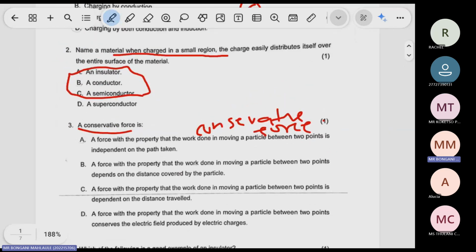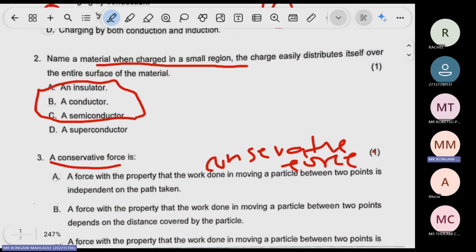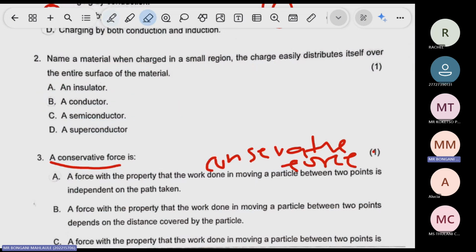What's a conservative force? Which option are you guys going to choose here? Guys, I need you to participate. Remember this is exam preparation, so we're going to be doing a lot of things. If you're not communicating, even myself, I'll get bored. Or I should just write the answers for you and then you will understand.